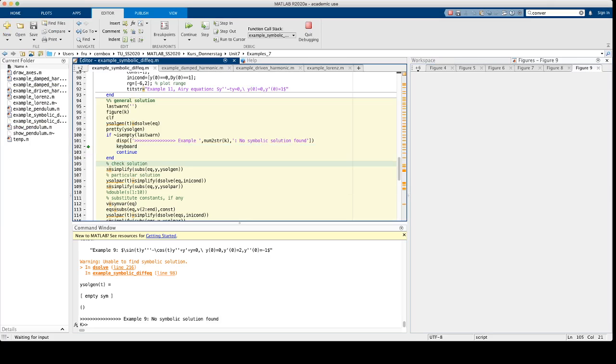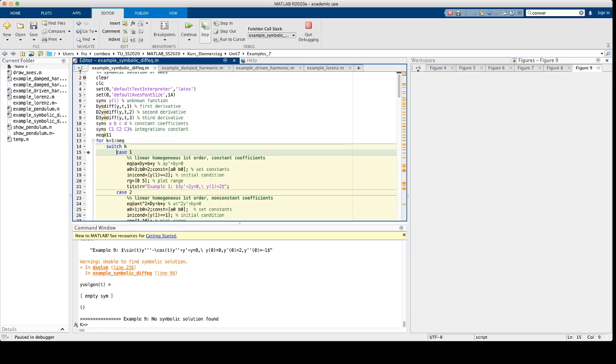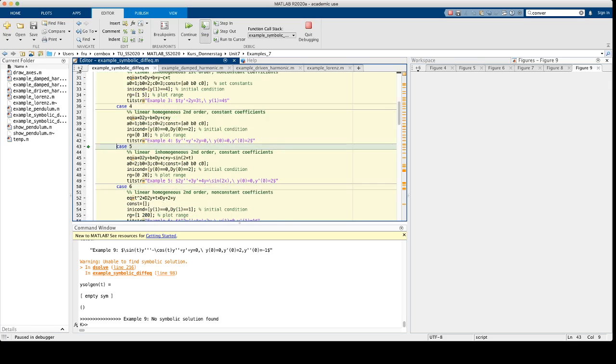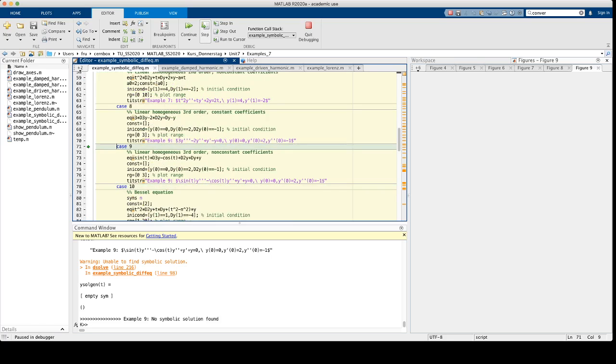I've passed the control to the keyboard by the function keyboard. Now let's continue and go to the next example, which is example 10, the famous Bessel equation, which has a symbolic parameter n, which will then later be set to 2.